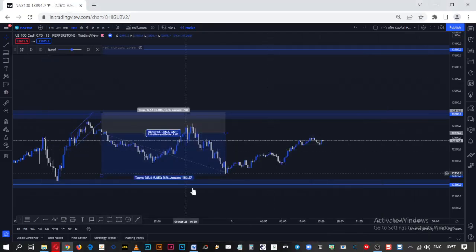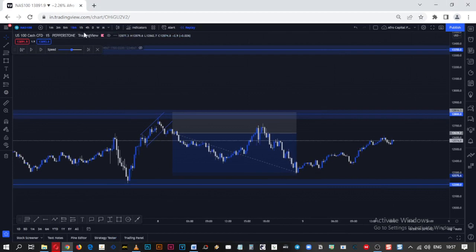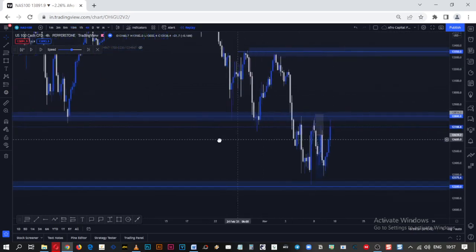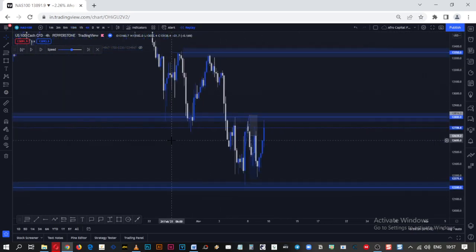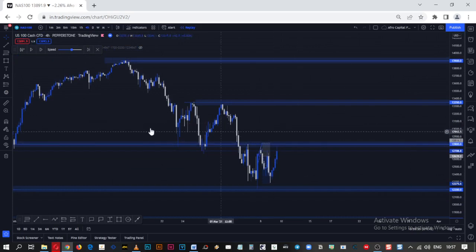Okay, we're back on. Let's just leave the trade as it is, and then we're going back to 4 hours. As you see, what happened was, remember, on the 4 hour we're also plotting trend lines.